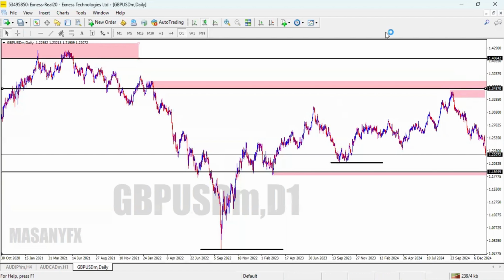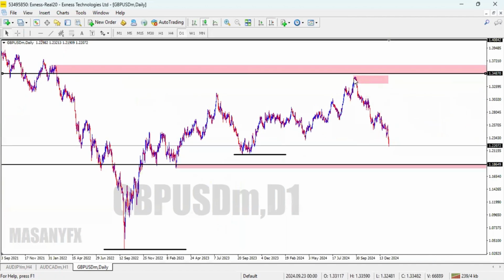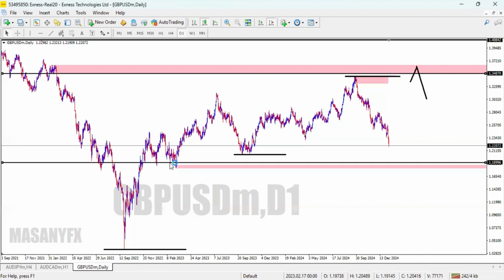They will want to sell from here and put their stop losses above here, which will make the price sweep all their stop losses to this zone, then drop. But for now, we are looking to buy EURUSD from here.